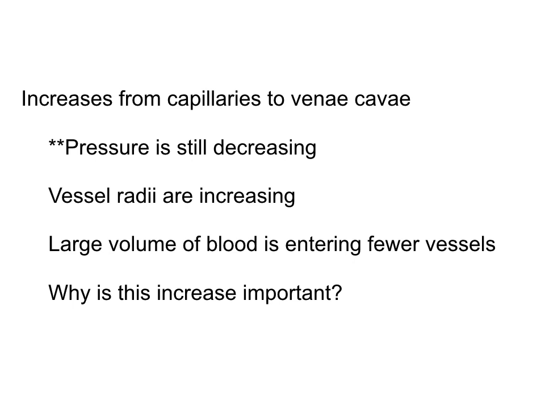As you start to return to the heart, you have a large number of venules all merging together, forming fewer veins as you move back to the heart, but these veins have larger radii. And the larger the radius, the lower your resistance to blood flow. So even though pressure is going down, your resistance to blood flow is going down.